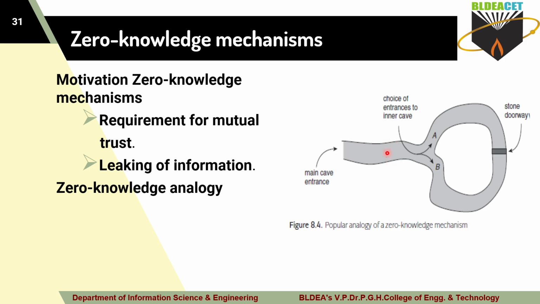With the help of that hint you perform the operation, and only then does it open the door to the next level. That is what we call key phrases, and you will get those key phrases from the password function. So this is about your zero knowledge mechanism. Is it clear now? Okay, thank you.